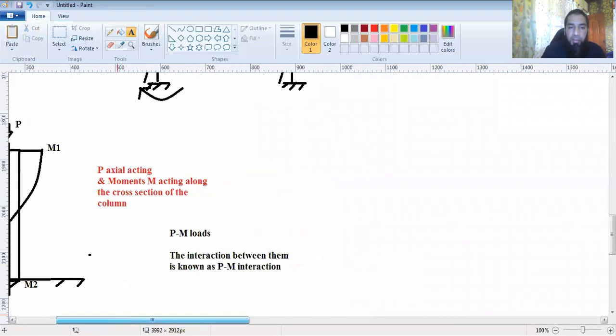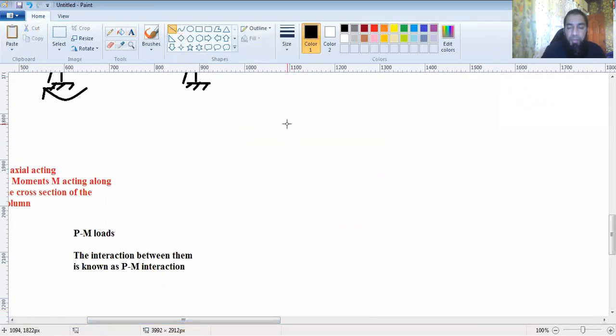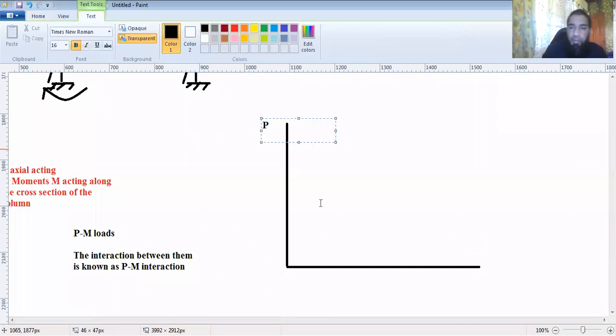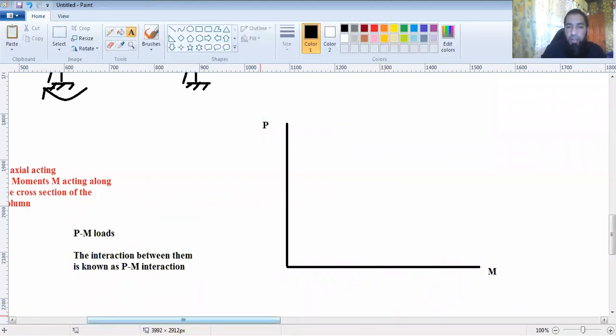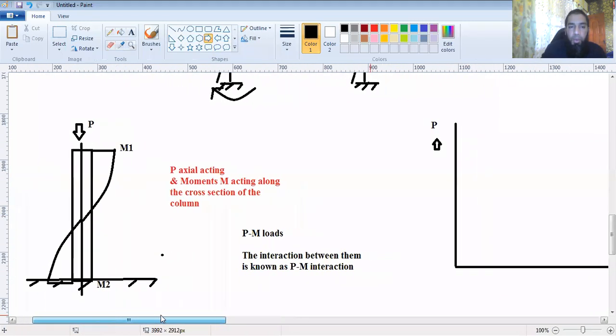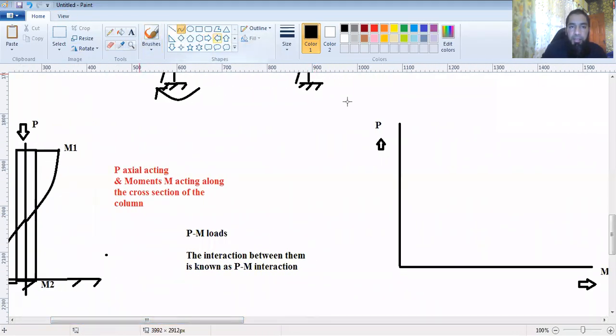And we accordingly plot the PM interaction curves for each column. We plot P to M interaction curves for each column. And these curves usually act like this.